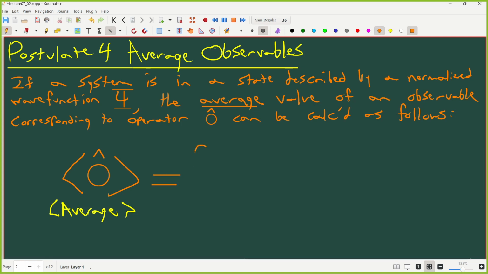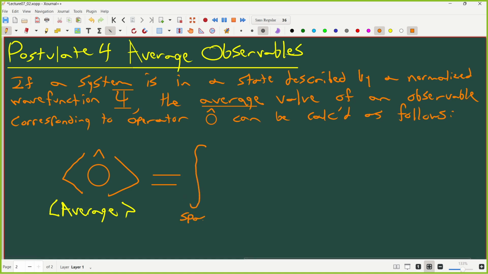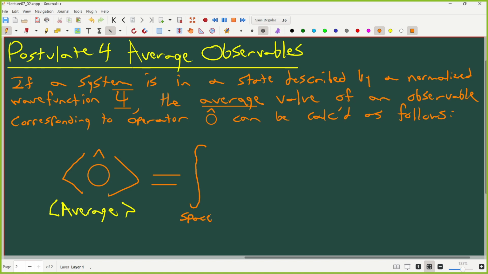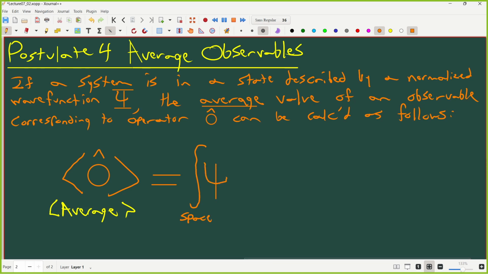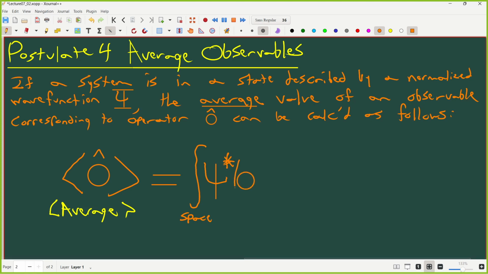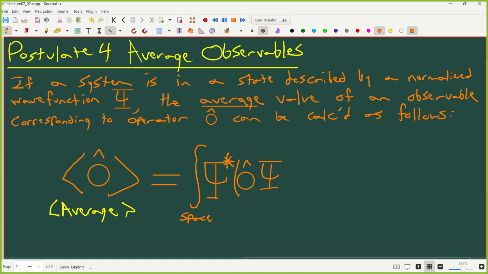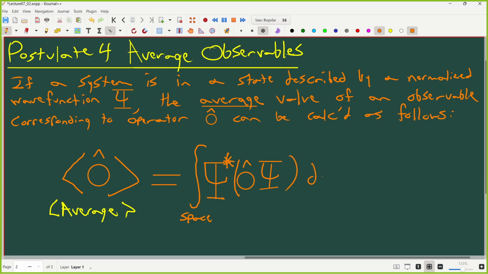We take the integral over the space of our system, so our box would be 0 to L, of the complex conjugate of the wave function. If it were a real wave function like our particle in the box sine, it's just the wave function itself. Times, in parentheses, the operator acting on the wave function itself, d, whatever the space variable is, dr.